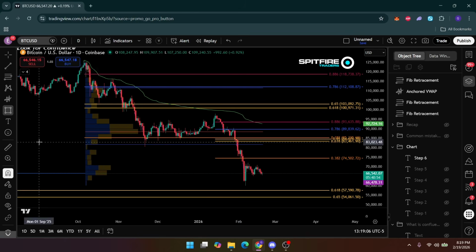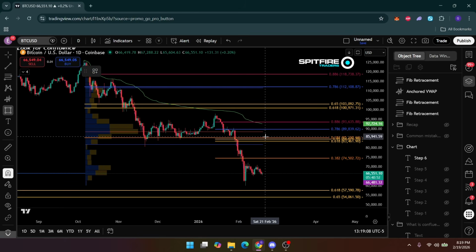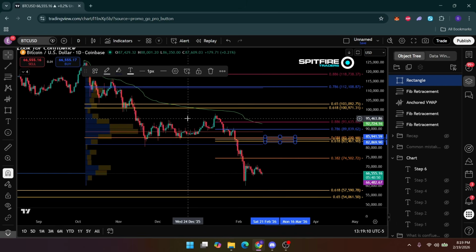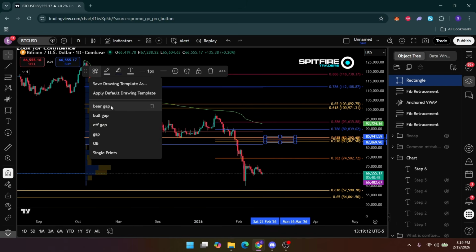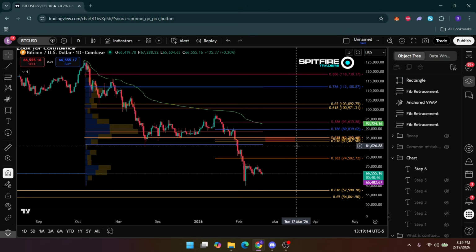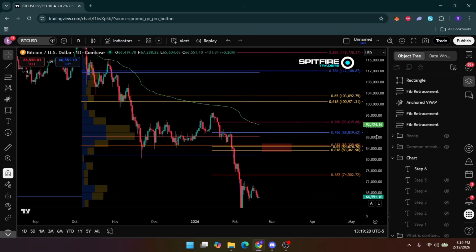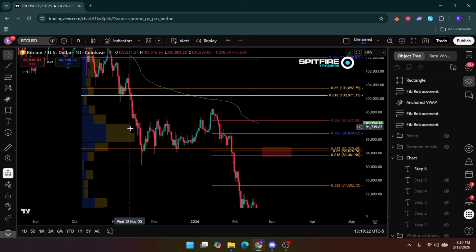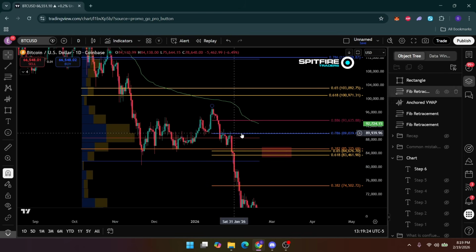The next important area will be the golden pocket, 382 and value area low up here, because here is where we have the most confluence on our chart. Also above, we have a point of control with a big volume area here on the 786. This one will be the next one. And as we said, 886 now aligns with VWAP as the last line of resistance locally.